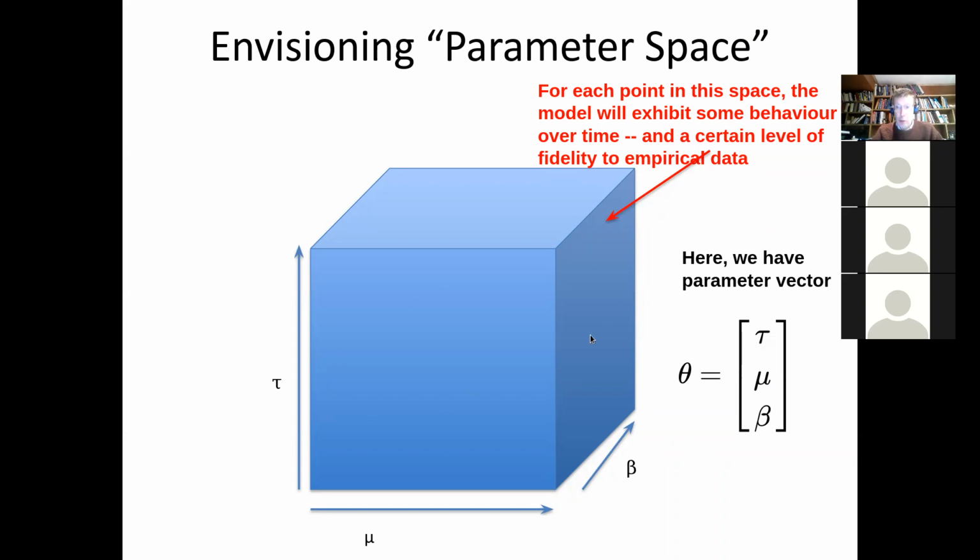In order to do so, we're going to be reasoning about parameter space, a space where we could think of each dimension as being associated with a parameter. Maybe the dimensions are associated with beta, some probability of transmission per discordant contact, per contact between a susceptible and infective; mu, the mean length of time till someone recovers from infection; and tau, maybe the length of the latent period.